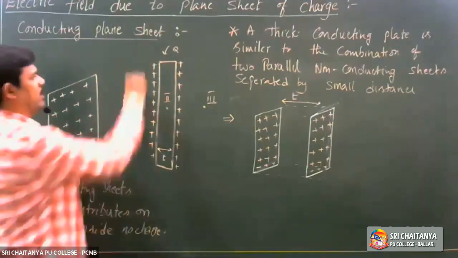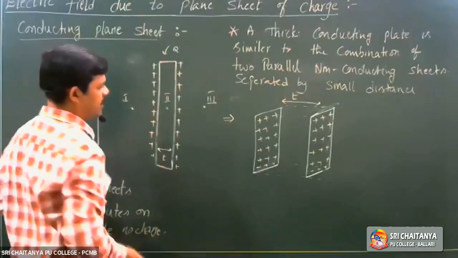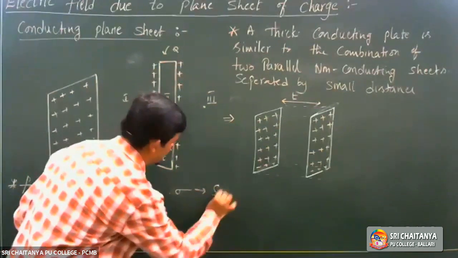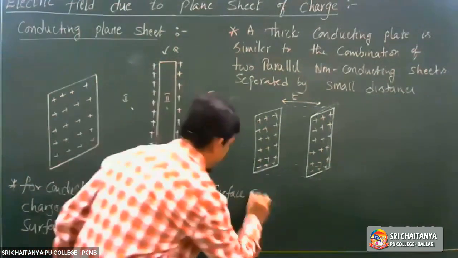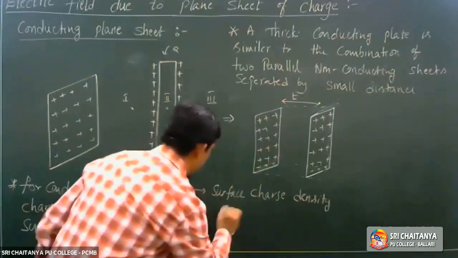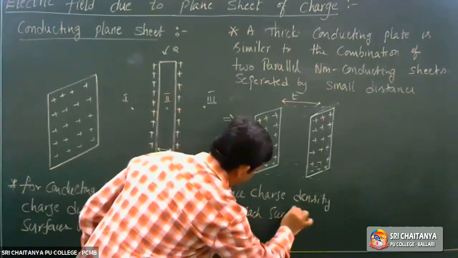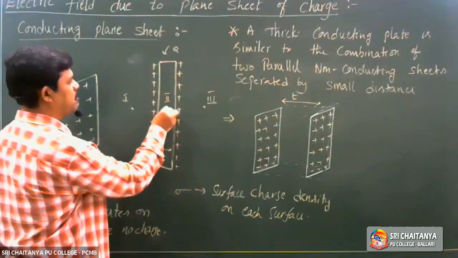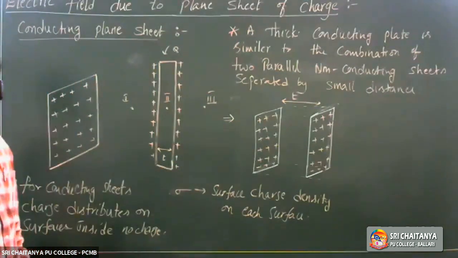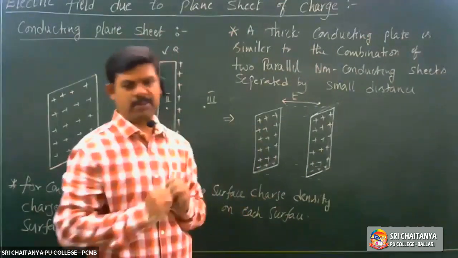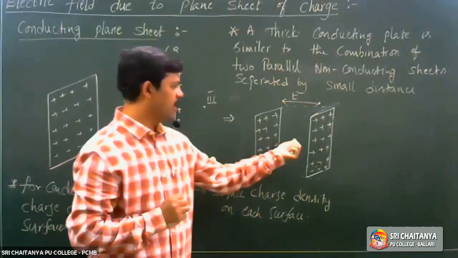Surface charge density is given. If sigma is the surface charge density on each surface, then what is the electric field at this point, at this point, at this point? Already, for positive plates separated by a certain distance, we saw the field here, here and here.